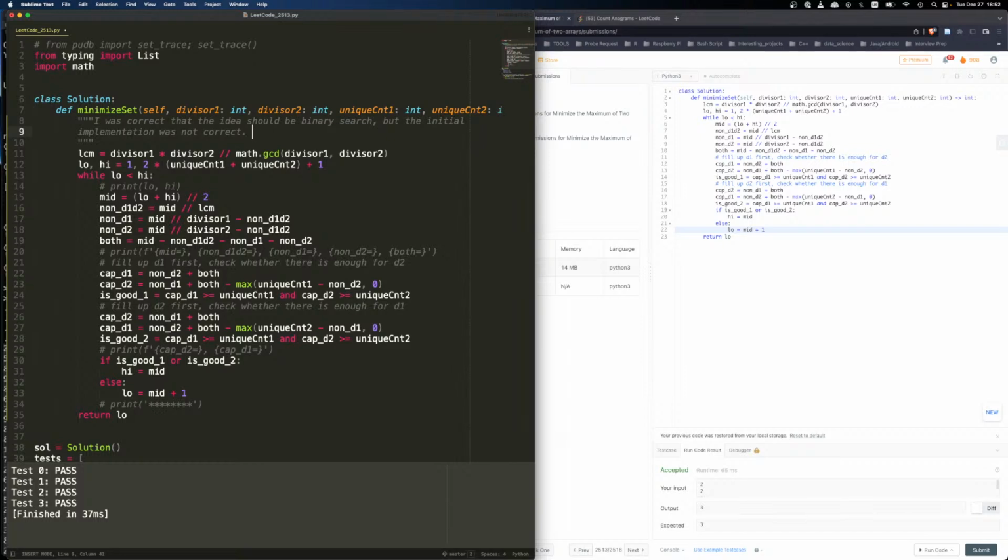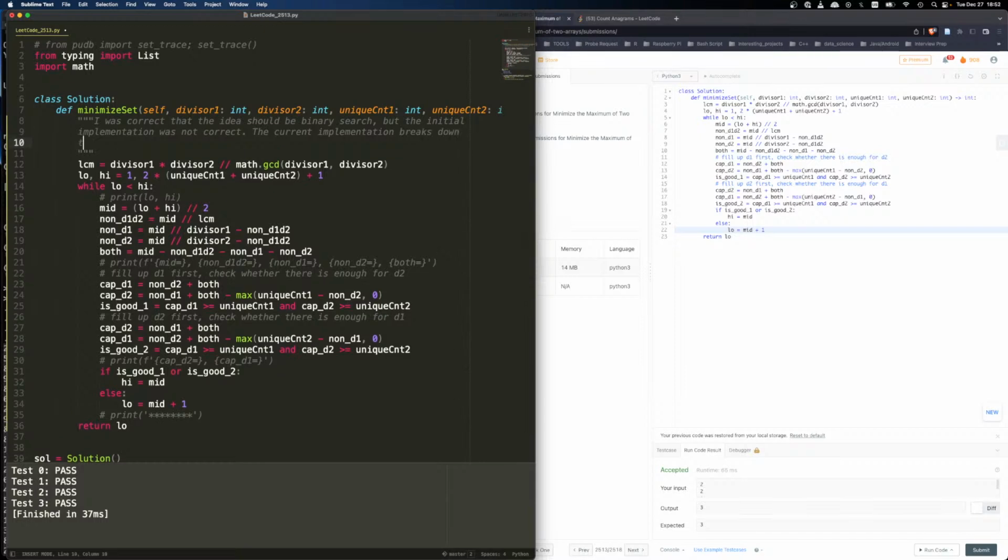Now the current implementation breaks down the number of values that we can take from 1 to mid into 4 categories.